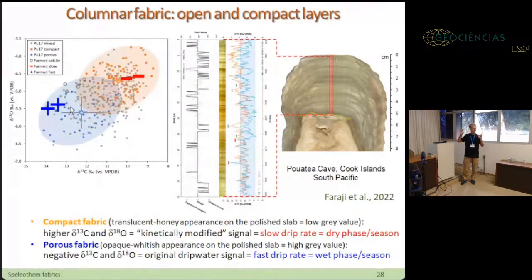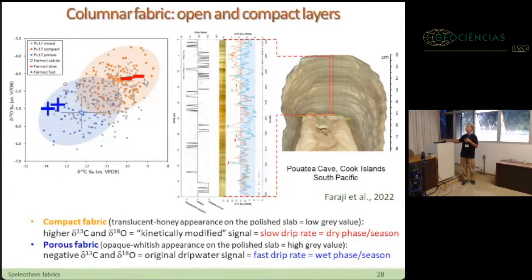So at first we compare this stalagmite composition with our farmed calcite experiment. We also use end member terms in this case. We have a fast dripping farmed calcite and a slow dripping farmed calcite. And of course they have a very different isotopic composition, with the fast dripping ones still in quasi-equilibrium with the drip water, whereas the slow drip ones have a much higher oxygen and carbon isotope composition.